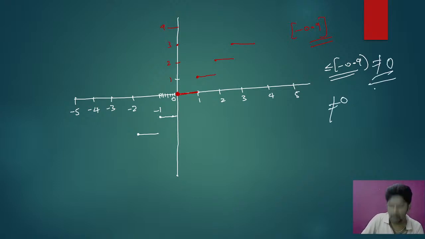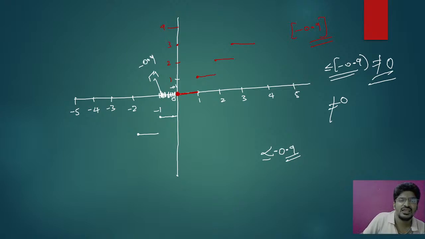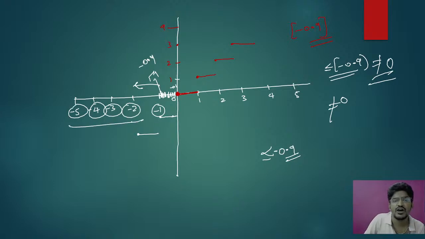This is not equal to 0, because you have to check lesser than or equal to minus 0.9. Lesser than this means it goes to the left-hand side: minus 1, minus 2, minus 3, minus 4, minus 5. Among these, which one is the greatest? Minus 1.